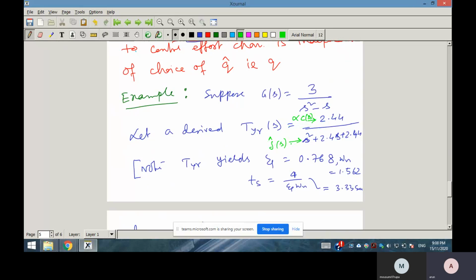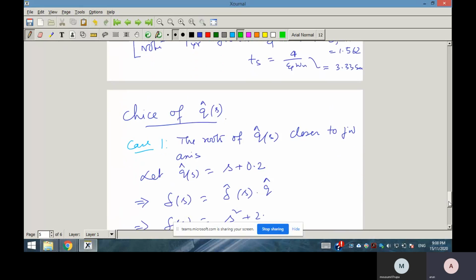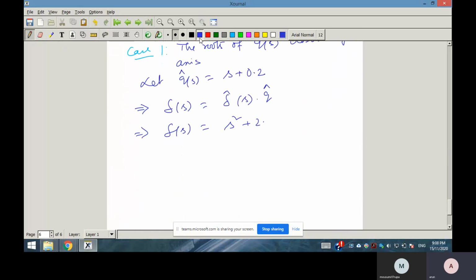Now you see, this is S square plus 2.4S plus 2.44 into, what is your Q hat? Q hat is S plus 0.2.